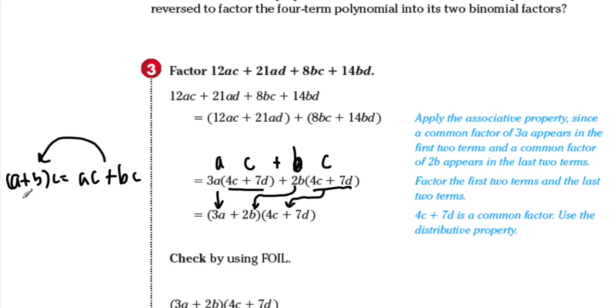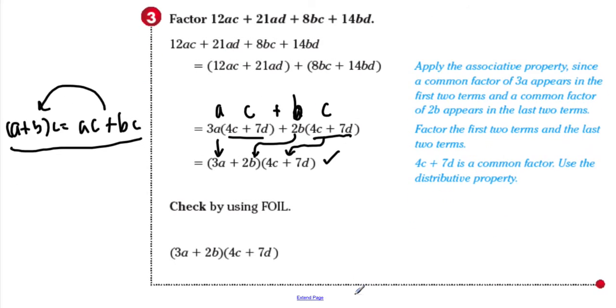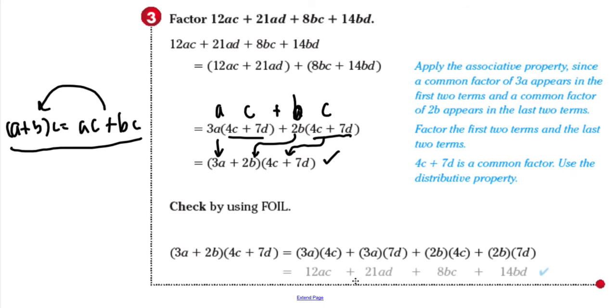So again, we are using the distributive property to be able to end up with this particular factored form of our polynomial. And we simply check by using the FOIL method. If I multiply 3a plus 2b times 4c plus 7d, you'll end up with our original 4-term polynomial.